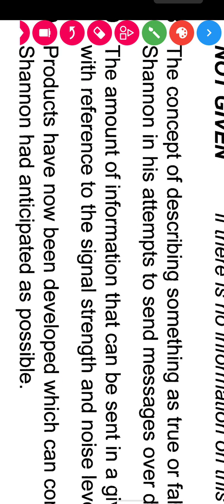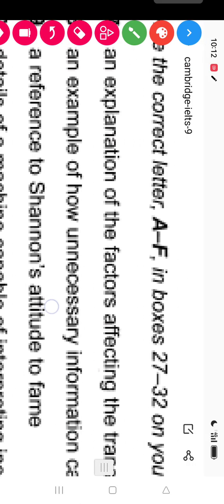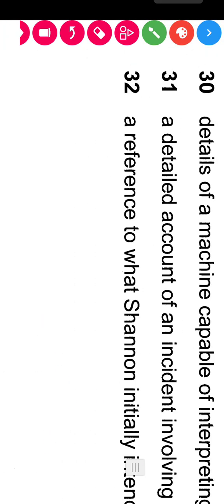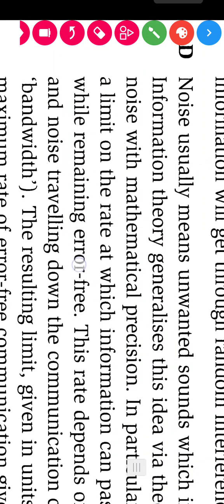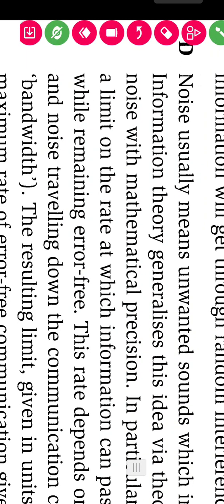So whether it is mentioned in the paragraph or not, let's see. Let's go to paragraph D where we get the answer. See, noise is already mentioned here in the first word. The question was saying something related to noise, and you remember it mentioned noise and strength.